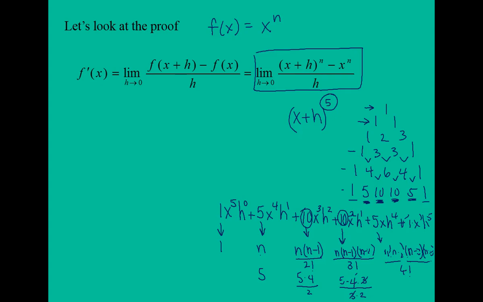And this one that we can barely see would be 5 times 4 times 3 times 2, all over 4 factorial, which is 4 times 3 times 2 times 1. So after we reduce, we can see we're left with 5, which gives us this one. So you can see that's another way to find our coefficients, and that's the technique we're going to use for this proof.